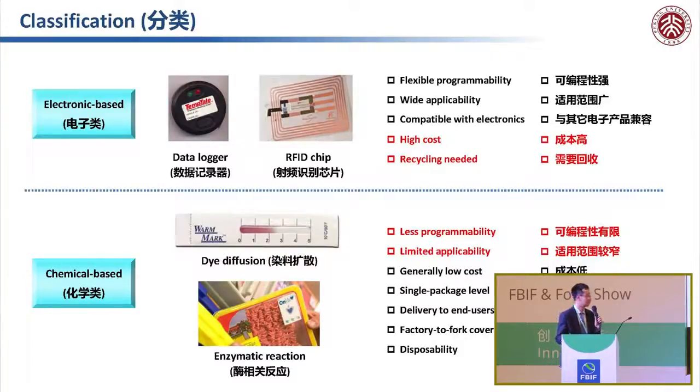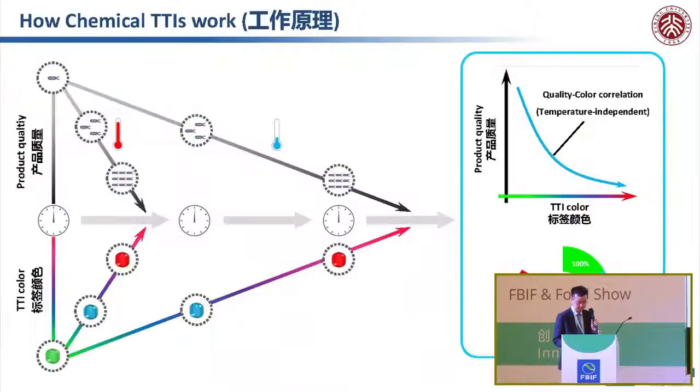And since they are of low cost, they can be readily disposable. But the problem with conventional chemical TTIs is that they are relatively less programmable, by which I mean their lifespan cannot be widely tuned in a broad range, and therefore this limits their applicability.